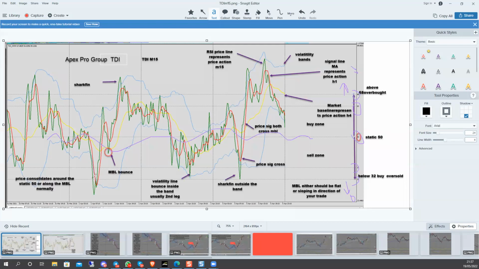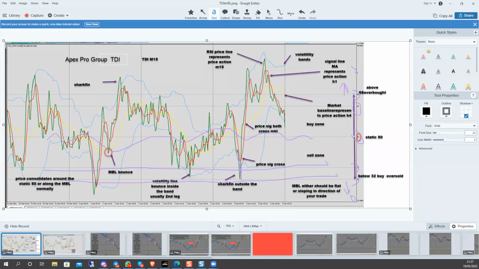If you see the lines going across the dotted lines, look at where they are and where price is. If the green price line goes outside of the blue line and back inside, that's known as a shark fin.